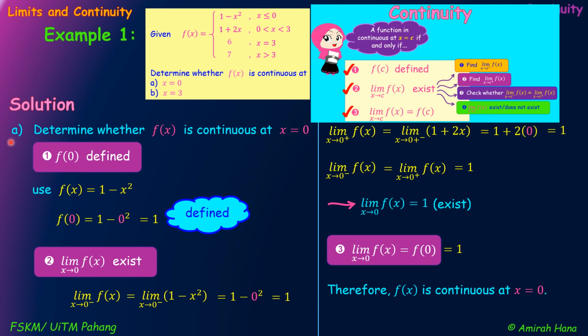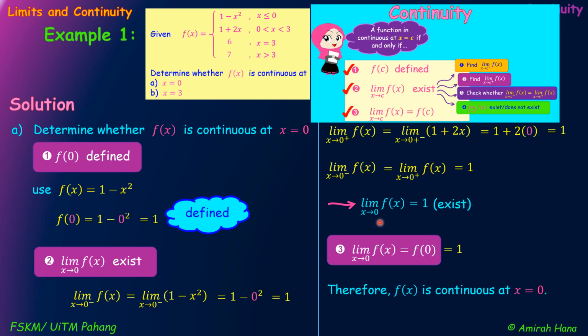For question A, we have three conditions here. But in condition number 2, to find whether the limit exists or does not exist, we need to find the limit from the left and the limit from the right, and then we check whether the value of the limit from the left equals the limit from the right.